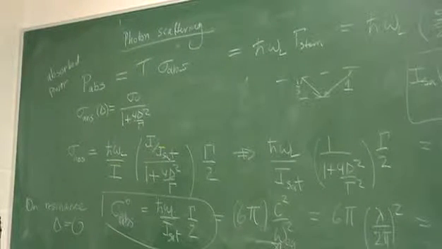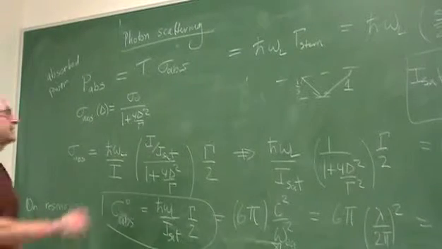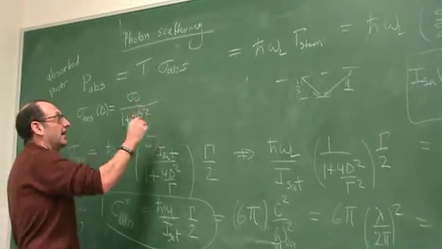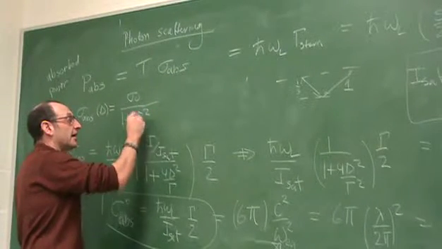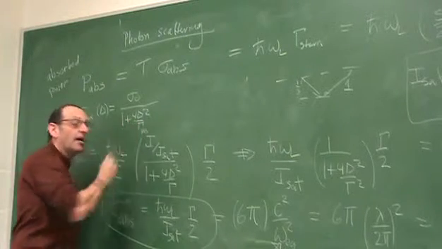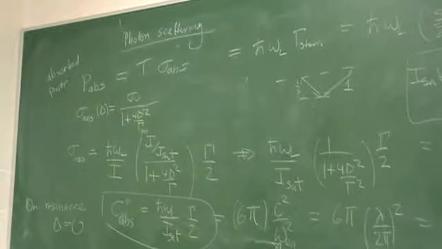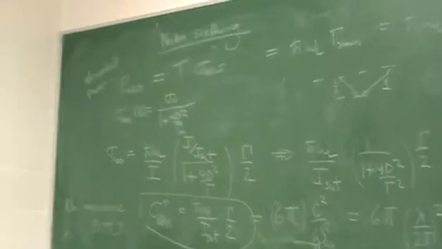Of course, this was in the perturbative regime. In practice, I really should have, in addition to this, the saturation. So in principle, this is really the power-broadened line that we would have if we were to crank up the saturation parameter.